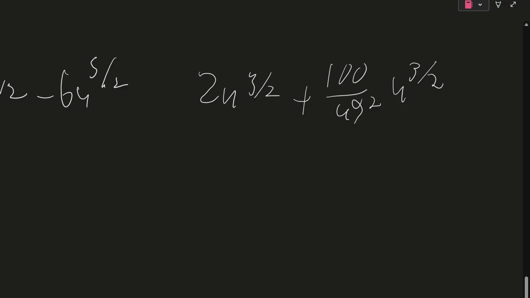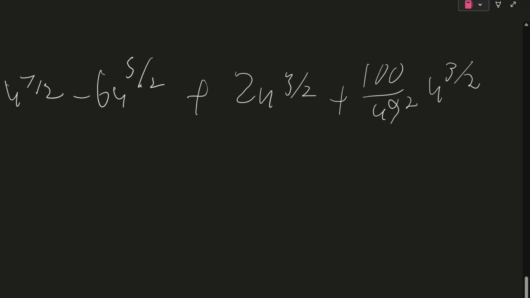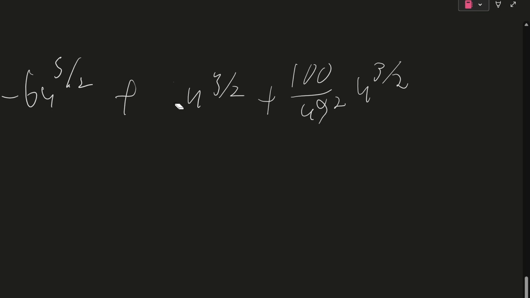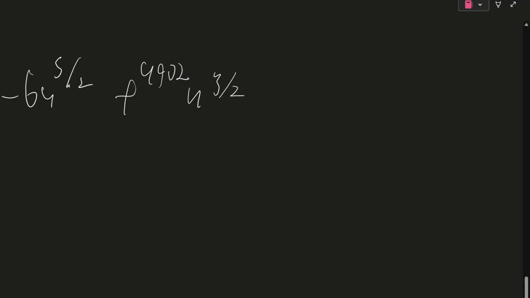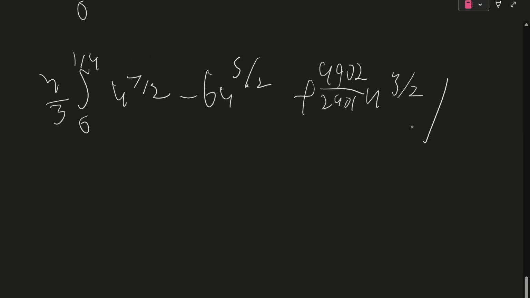Alrighty, and so we can actually combine these terms, and thus it turns into 4,902 over 2,401 u to the 3/2. And this is all integrated with respect to du.